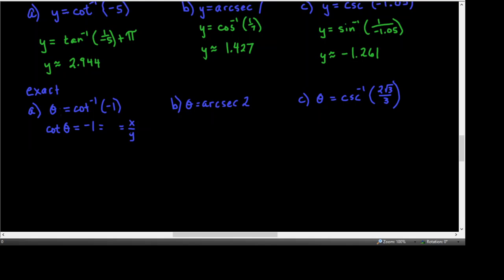Now, to get -1, I'm going to have to divide 1 and -1, and I don't know which of those, x or y, is the negative. So to guide me in that, I'm going to think about cotangent. It is ruled by cosine, right? Cosine over sine, so it's ruled by cosine.